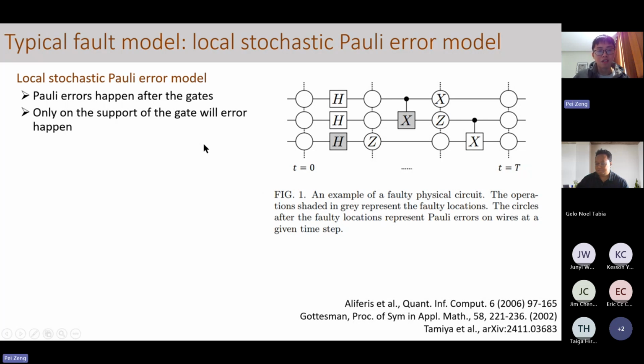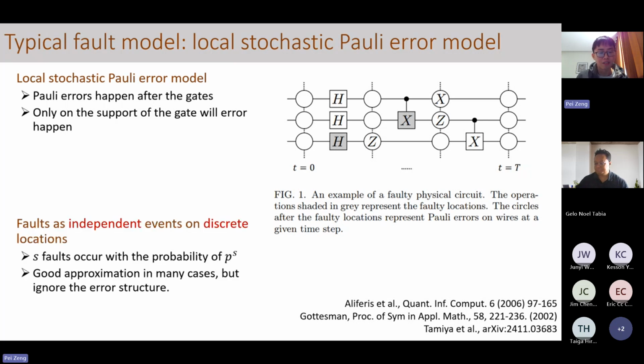But this may not be the errors that happen in the experiments. So what errors happen in the experiments? Sorry, I just mentioned that this fault is on discrete locations.